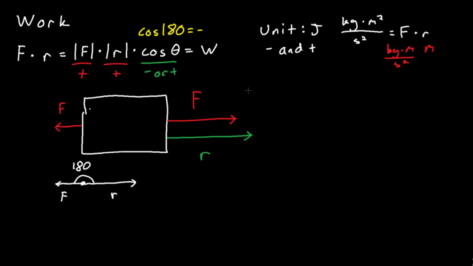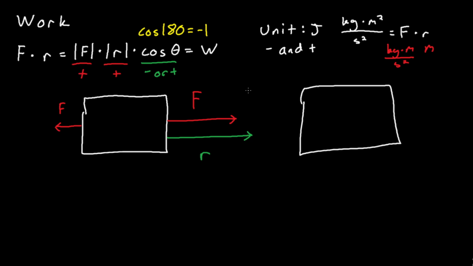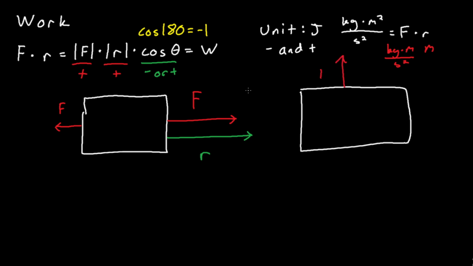Now, let's keep that. What if your force was straight upward, and your displacement was straight to the right? Well, the angle between these two is 90 degrees, since one goes straight upward and one goes straight to the right.